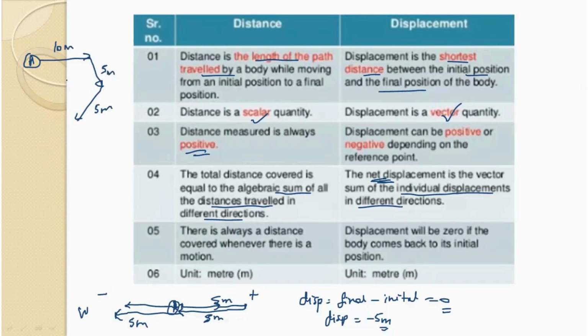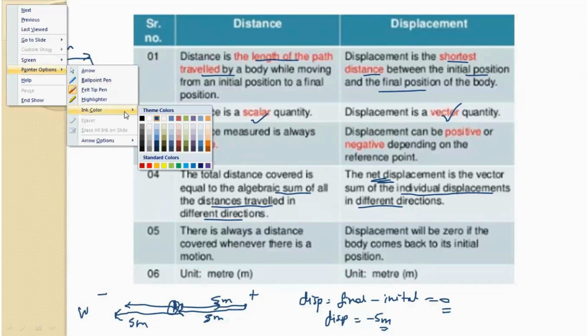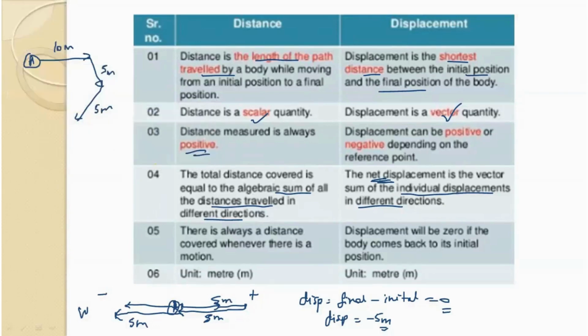And if you talk about displacement, in this case the displacement would be the net result. It would be in this direction, a vector. If you consider everything as vectors, this is the resultant.